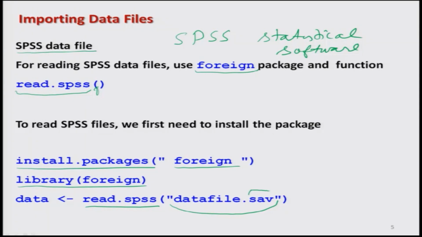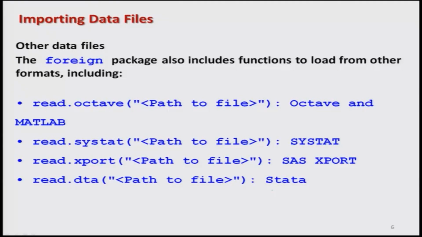In SPSS the extension of the data file is .sav. So, that is pretty simple, exactly in the same way. And there are some other options also to read data files from other software, and for that usually the package foreign works.